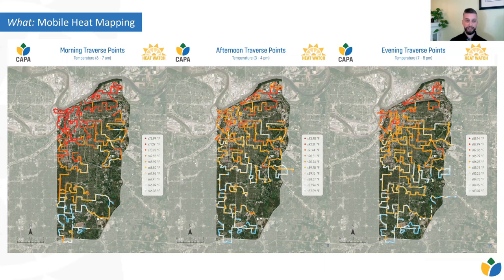What we see here as an example from Kansas City, Missouri, is very clearly pronounced urban heat island effect. And these maps, which reflect the morning, afternoon, and evening, actually consist of thousands and thousands of individual measurements that are taken by folks, in this case, driving around their city.